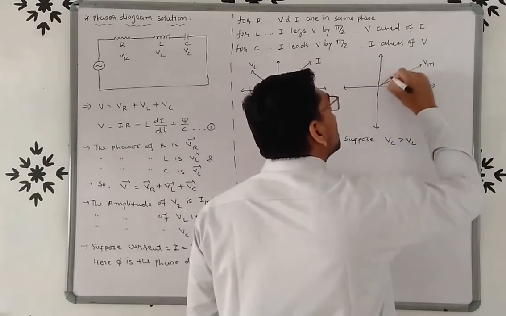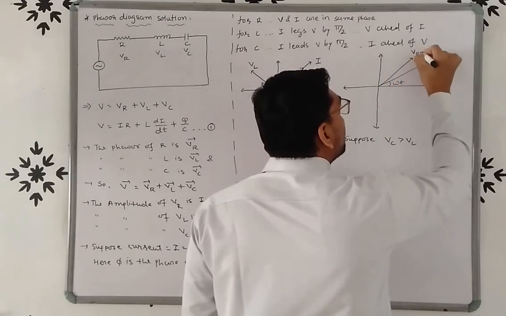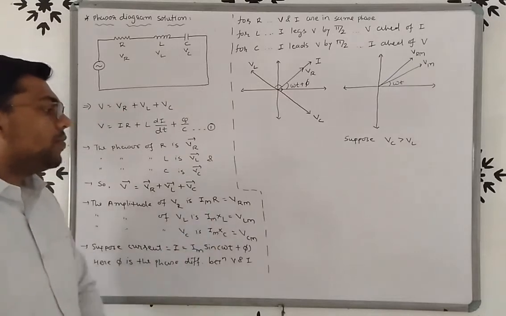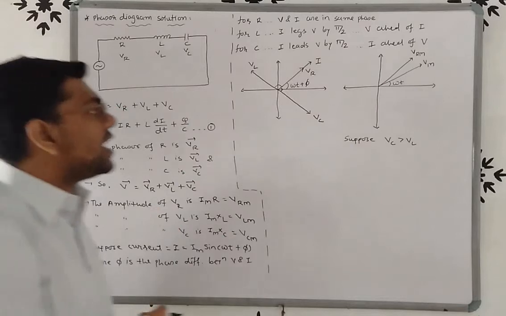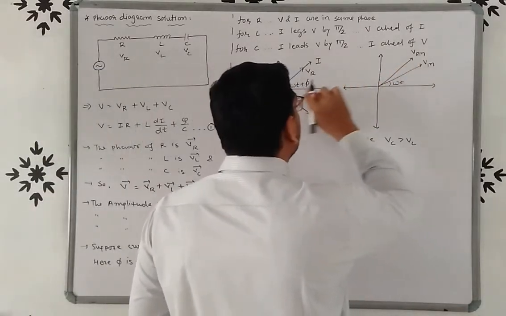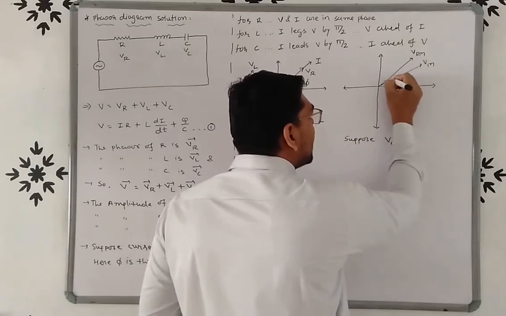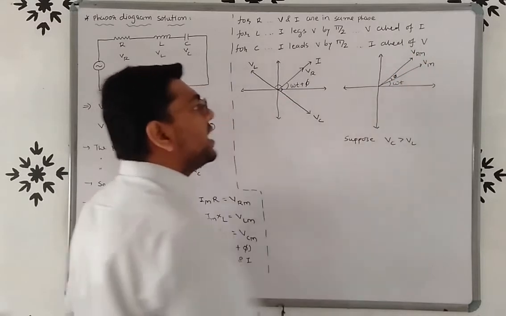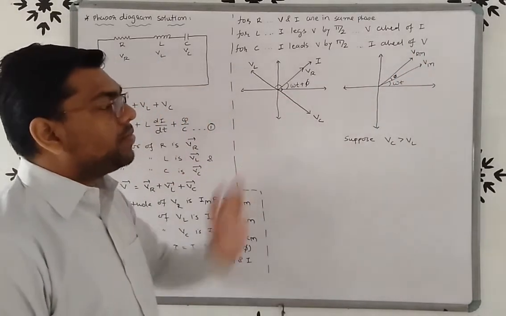So VRM is at angle omega t plus phi, and this is the phasor of VRM.